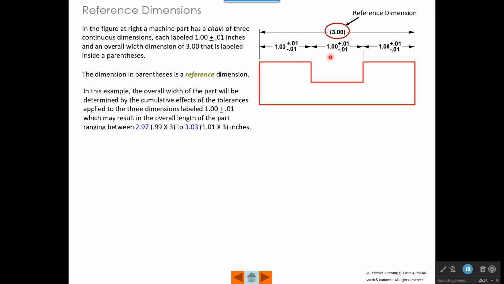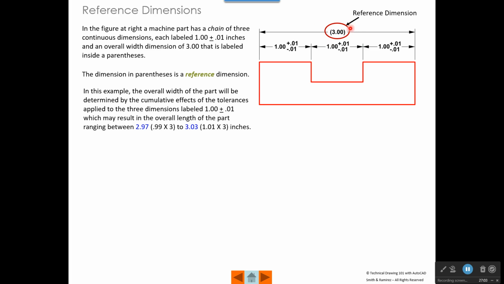The same is true here, and the same is true here. If we took 0.99 plus 0.99 plus 0.99, we might have an overall width of the part that's 2.97. However, if they manufacture it at the larger tolerance, the width here could be 1.01, 1.01, 1.01, and so the overall width could be 3.03.